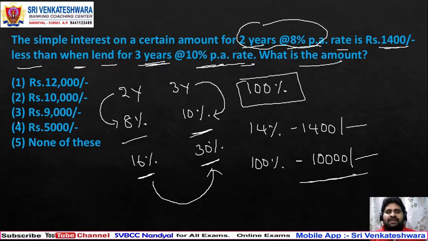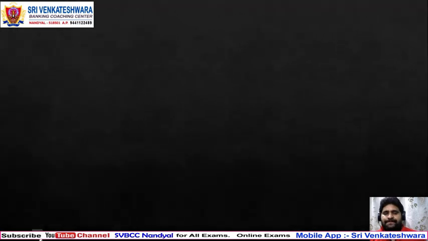That is the sum. The difference between these two is actually 14% that they gave us, and they're asking what is the 100. And look here also, I'm doing percentage analysis. I'm not using any formulas. So that is how you take percentage analysis.